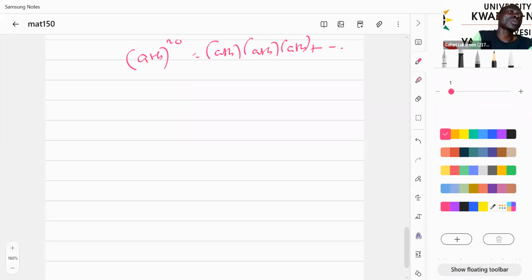One way you can do this is, you can do it in two ways to expand something of this nature. Number one, you can use your Pascal triangle. I think I briefly explained what Pascal triangle means. For Pascal triangle, you have to know the coefficient of the power you want to expand.